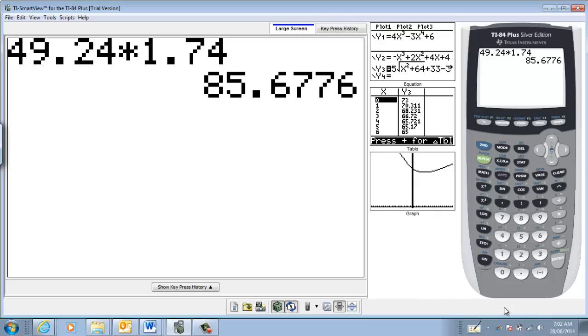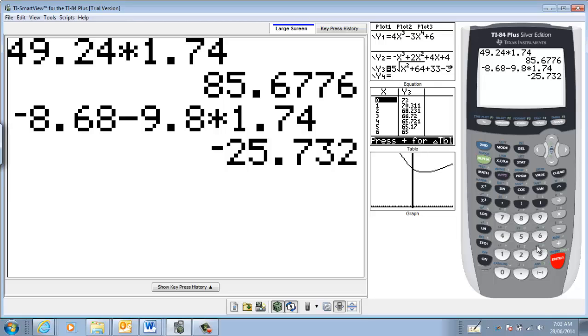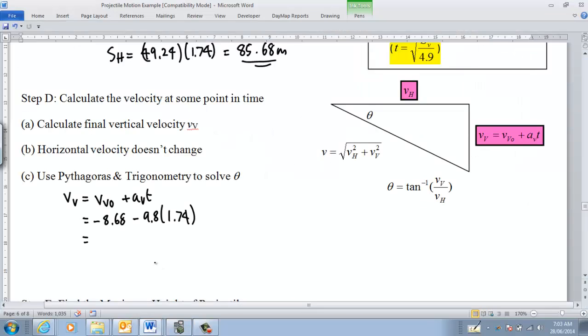It's going to have a bigger V. So minus 8.68 take 9.8 times 1.74. That gives me velocity minus 25.73 meters per second. So that's going downwards.